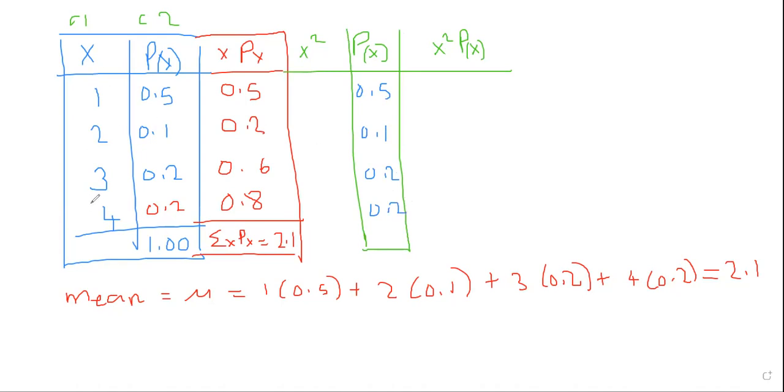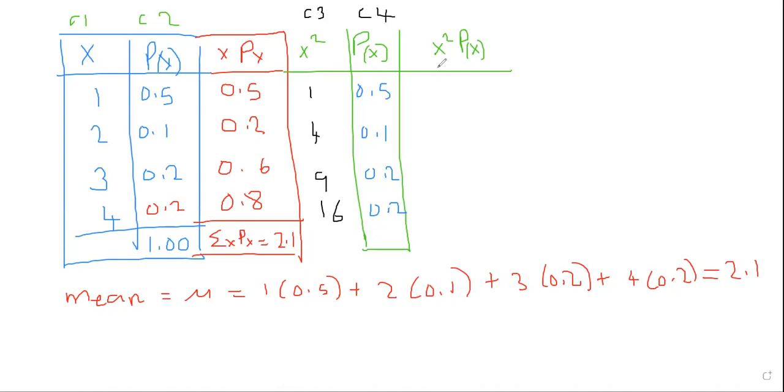Then when we square this column, what do we get? 1 times 1, 1. 2 times 2, 4. 3 times 3, 9. 4 times 4, 16. So let's multiply the two columns. We can call this column 3, and this is column 4.